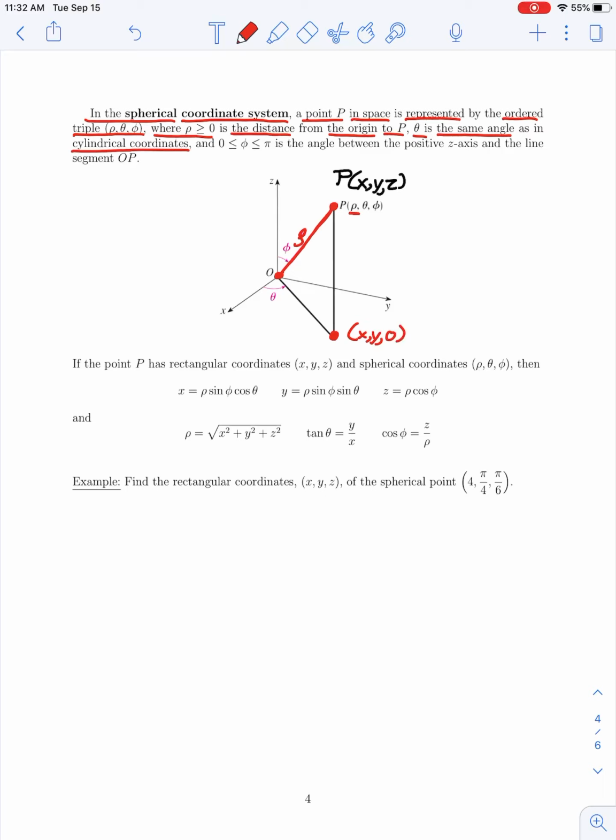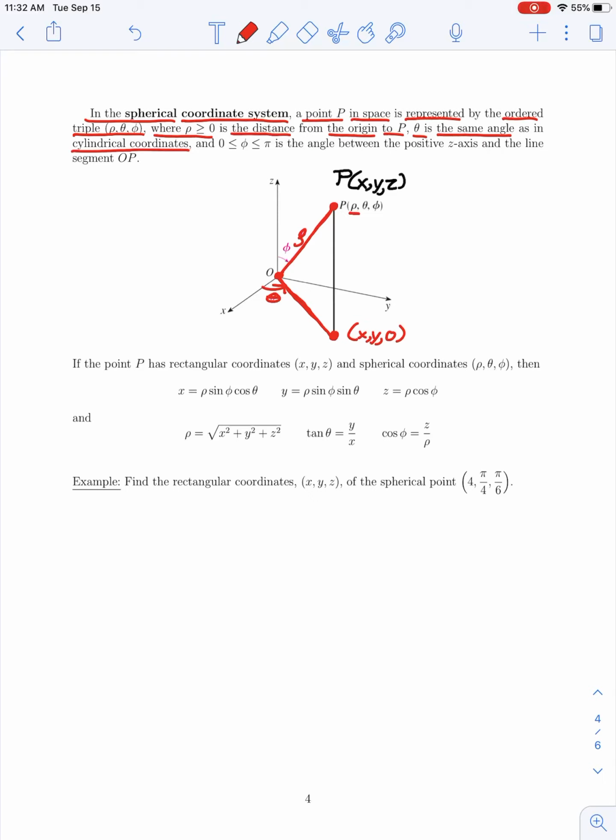And if I think about, in the xy plane, the line segment which connects the origin to this projection, theta is the angle that I rotate by from the positive x-axis in the counterclockwise direction to get to that line segment. So theta has the same interpretation as what we had for the cylindrical coordinate system or for the polar coordinate system for points in the xy plane.